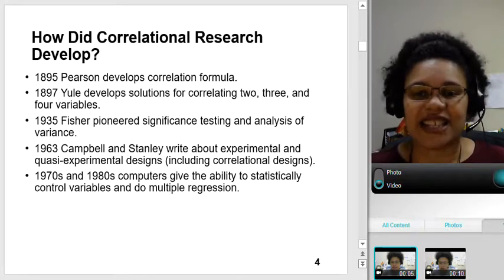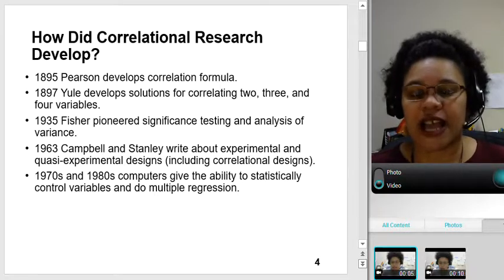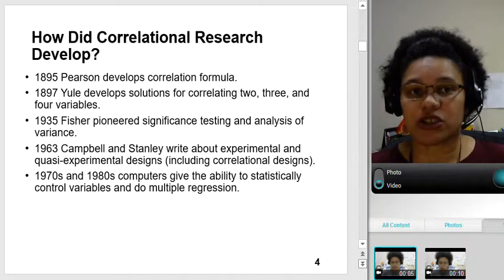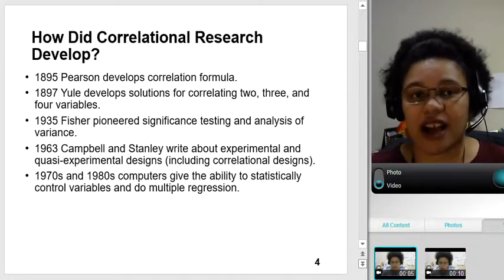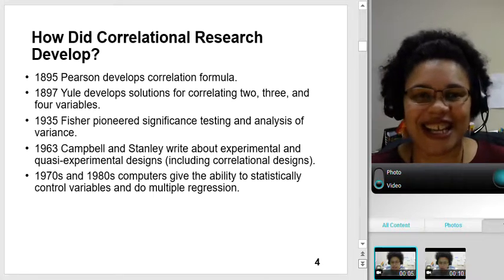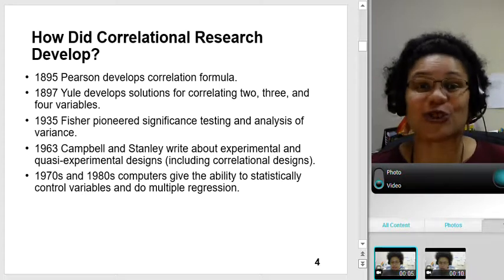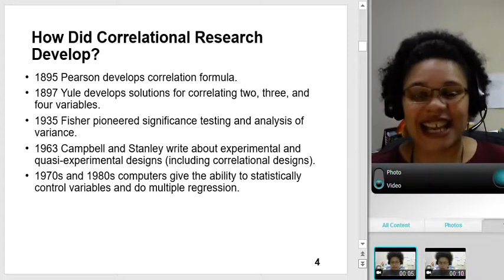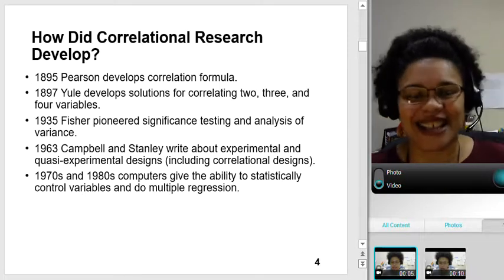And then in the 70s and 80s, computers gave us the ability to statistically control variables and do multiple regression. So they gave us the ability to do more complicated and advanced statistics. My advisor tells a story about how in the 80s, when they used to do these more advanced statistics, it would take a really long time for the computers to process the math.